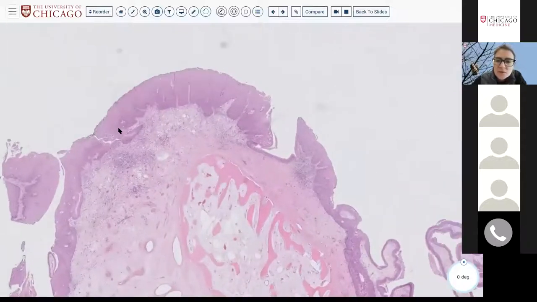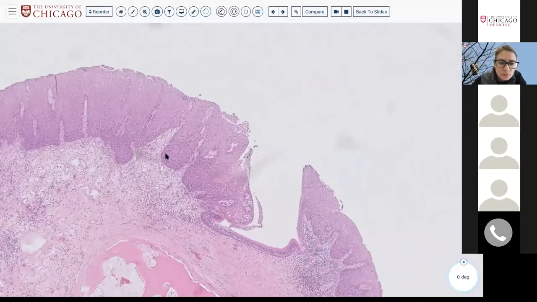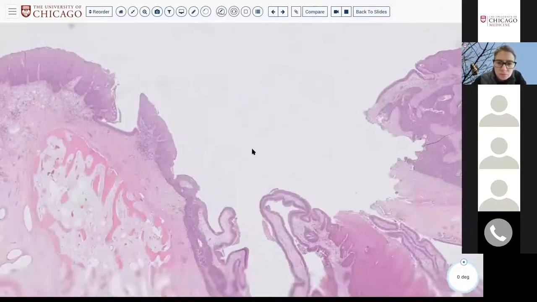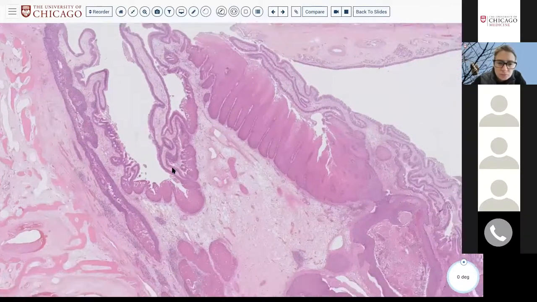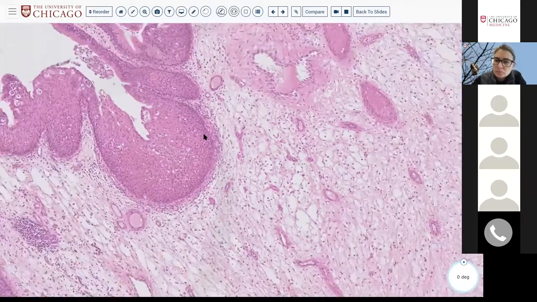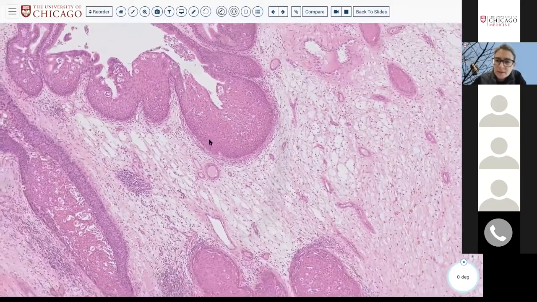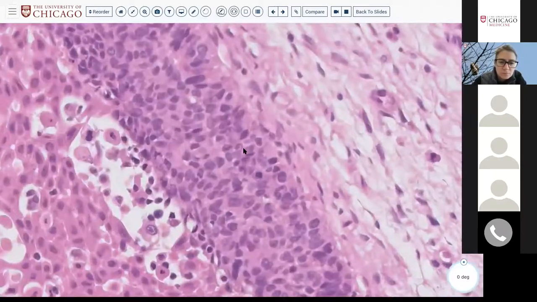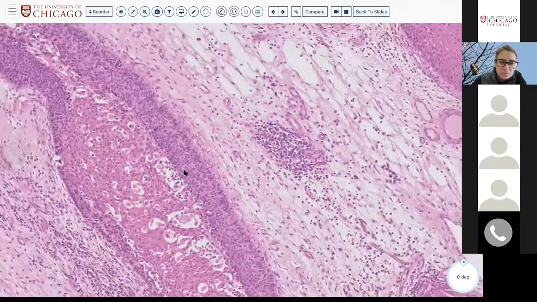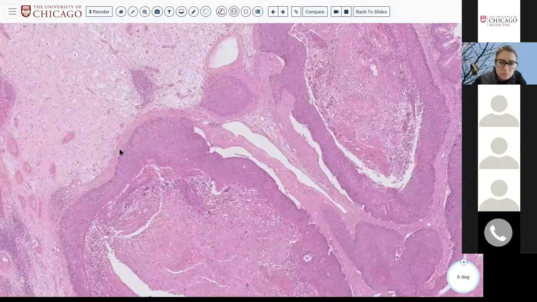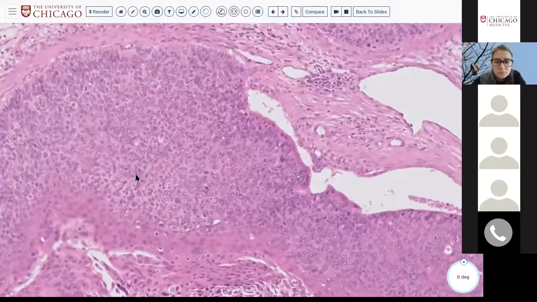Okay, so what's your diagnosis? Good description. Because of the endophytic growth pattern, I wanted to call it an inverted sinonasal papilloma. Well, I was also looking, because I know that these can be associated with carcinoma, but I was looking around and didn't see any definitive areas of invasion.